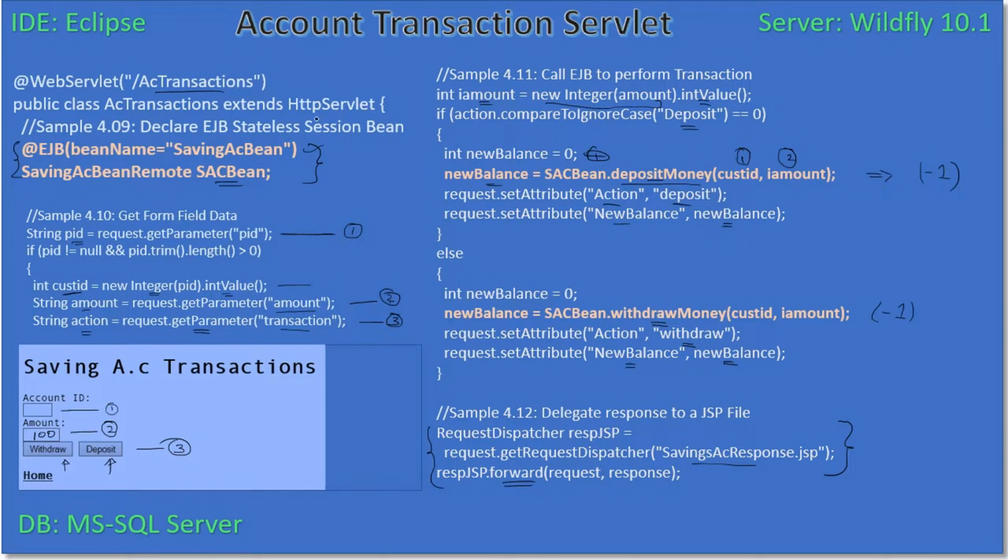This is actually a servlet. The servlet takes the input from this HTML form and contacts the bean. The bean will internally contact the entity manager, and based on the return value, the servlet is forwarding or delegating the further work to this JSP.